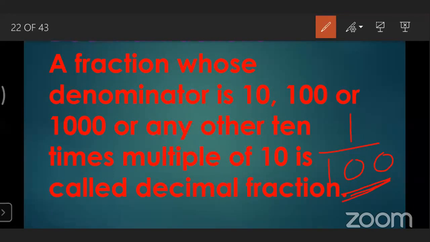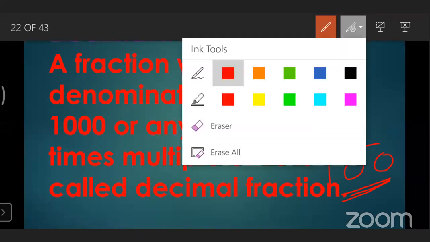Yes. Okay, so a fraction whose denominator is 10, 100 or 1000 or any other 10 times multiple of 10 is called a decimal fraction. Is it clear? If there is a 10, 100 or 1000 at the denominator place, then that fraction will be a decimal fraction. Okay.